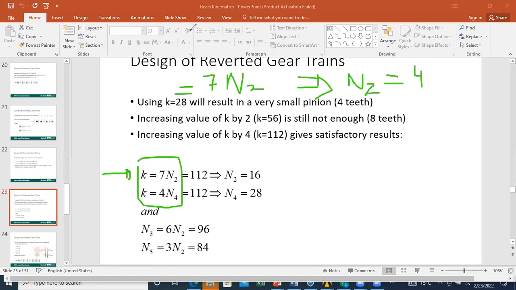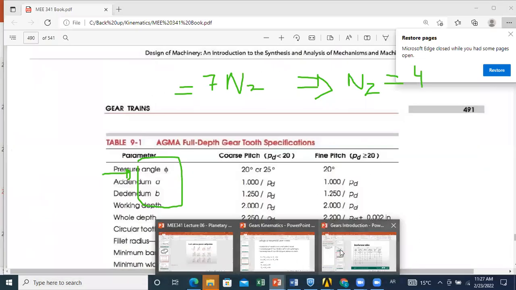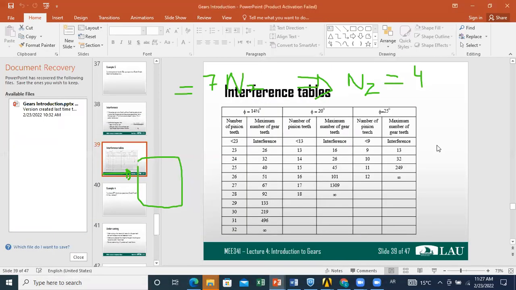You can check this from the interference table. If you are dealing with an angle of 20 degrees, and as I told you, if they don't mention the pressure angle in the problem, always use 20 because this is the most common pressure angle used.